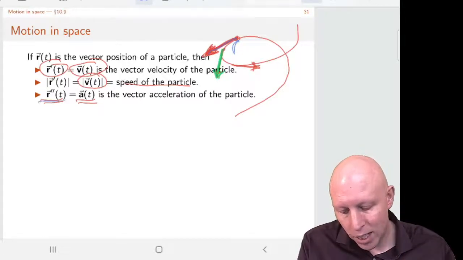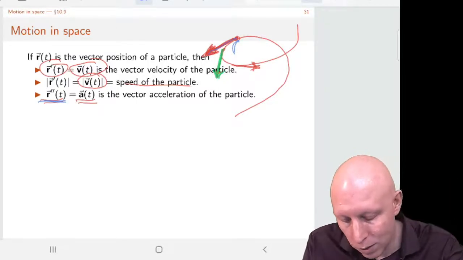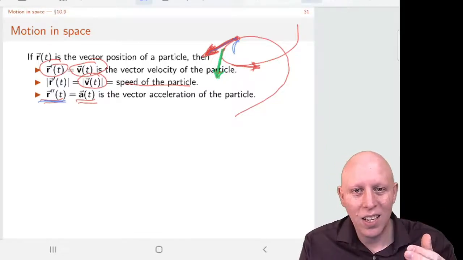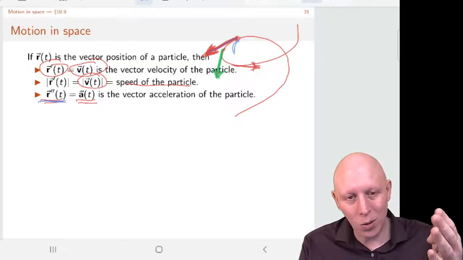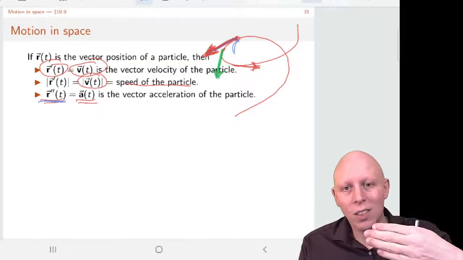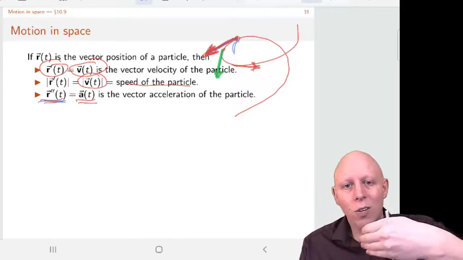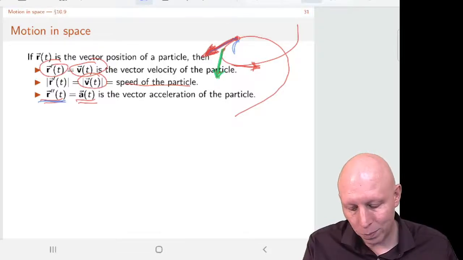That change from red to green is the derivative. The derivative of the red vector gives us the green vector. Remember, the derivative is instantaneous. But as the red vector changes, there's a force acting on it that's accelerating, changing the velocity.